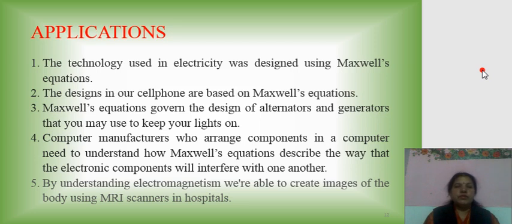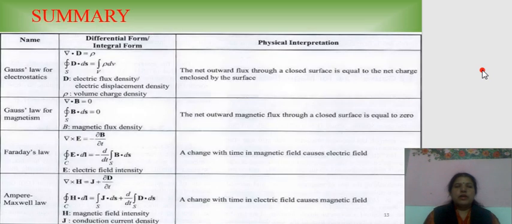And last, a summary of Maxwell's equations. These are the names of the laws: Gauss law for electrostatics, Gauss law for magnetism, Faraday's law, Ampere's law. Gauss law is used for Maxwell's first equation. Differential form: divergence of D equal to rho. Integral form: the closed surface integral of D into dS is equal to the volume integral of rho into dv.